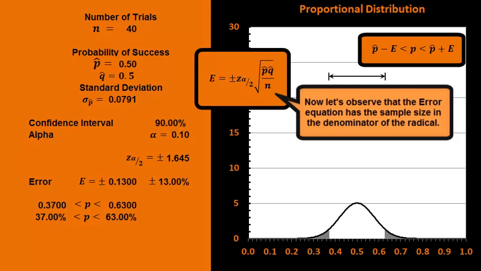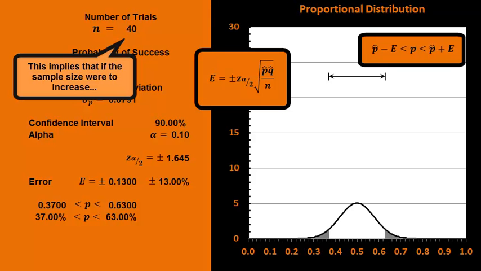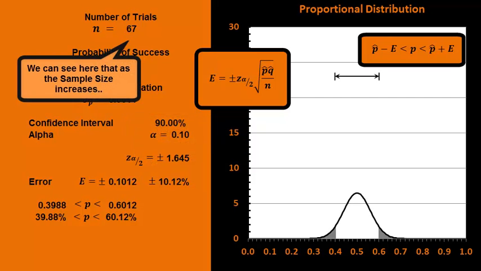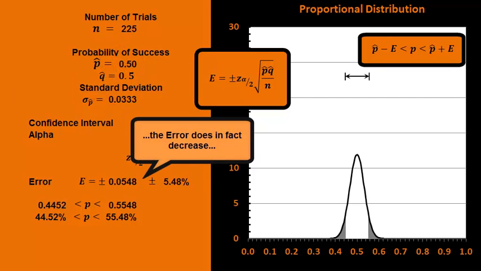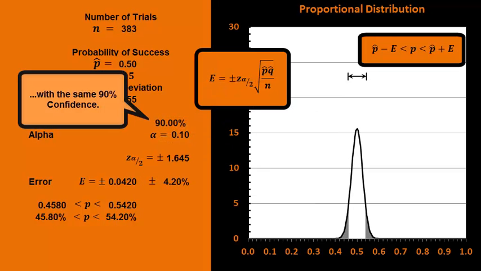Now let's observe that the error equation has the sample size in the denominator of the radical. This implies that if the sample size were to increase, the error would become smaller. We can see here that as the sample size increases, the error does in fact decrease. The confidence interval becomes smaller with the same 90% confidence.